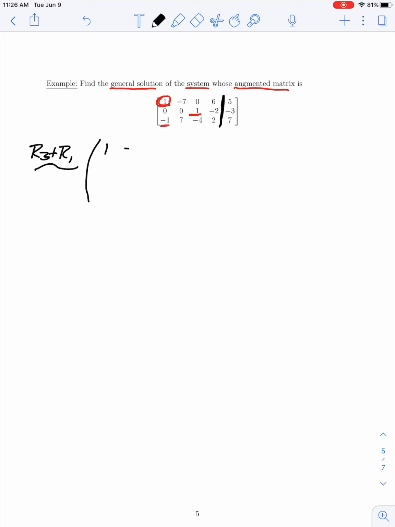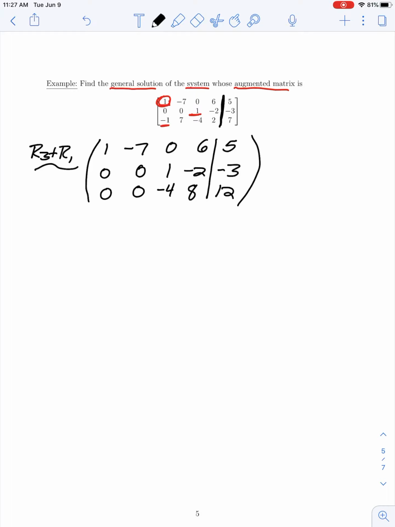So my first row I'm going to leave alone. I have 1, -7, 0, 6, 5. And my second row I'm leaving alone. I've got 0, 0, 1, -2, -3. And then adding that first row to my third row, I get 0, 0, -4, 8, and 12.